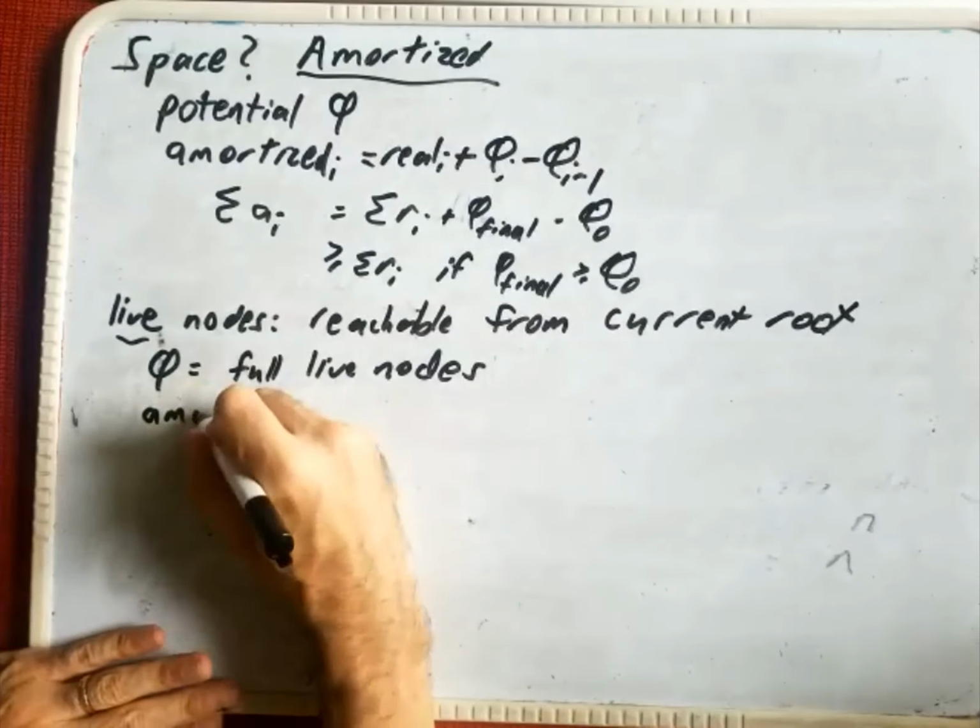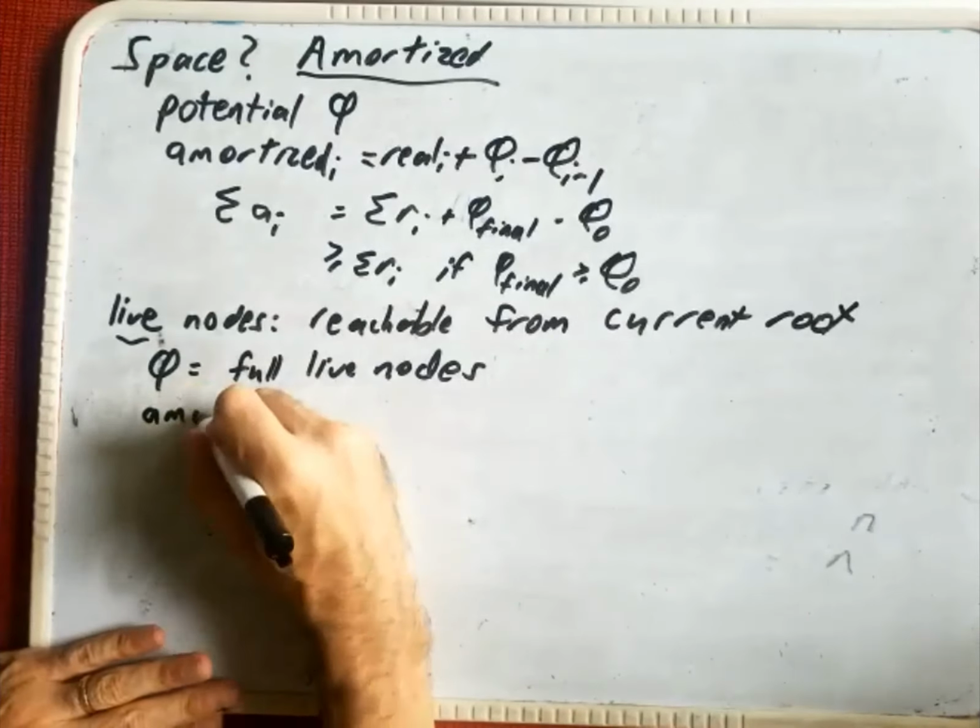The copy costs one, but also the node won't be full anymore, so is it free? Exactly. So when I modify a full node, I create a new node. So this costs one additional real amount of space.